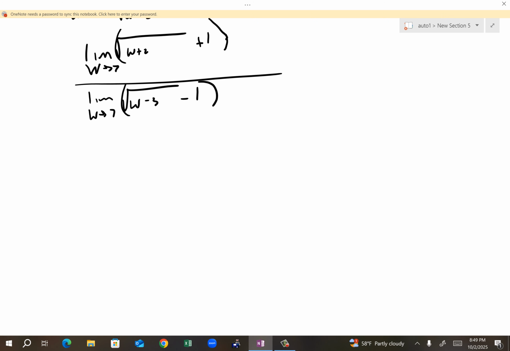Now, if you distribute that out, what do you know? The limit of the sum is the sum of the limits.